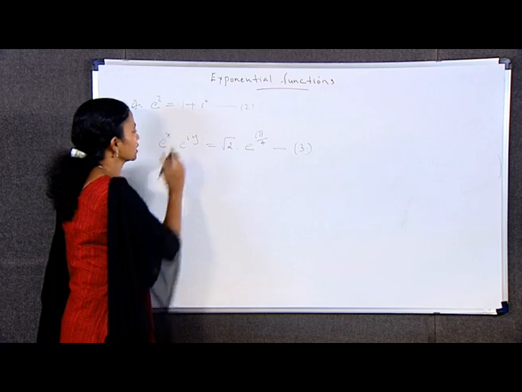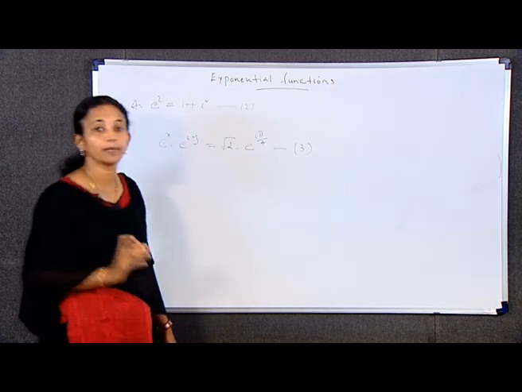So, e raised to x into e raised to iy is equal to root 2 into e raised to i pi by 4.